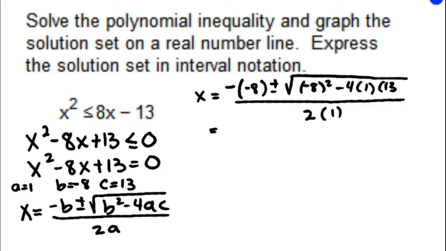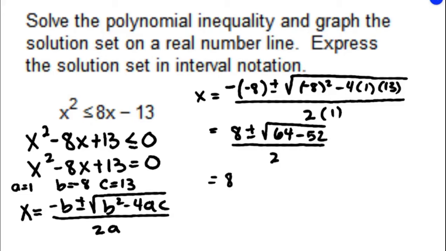The double negative will become positive, so we have 8 plus or minus the square root of 64 minus 52, since 13 times 4 is 52, all over 2. And we have 8 plus or minus the square root of 64 minus 52, and that would be 12.